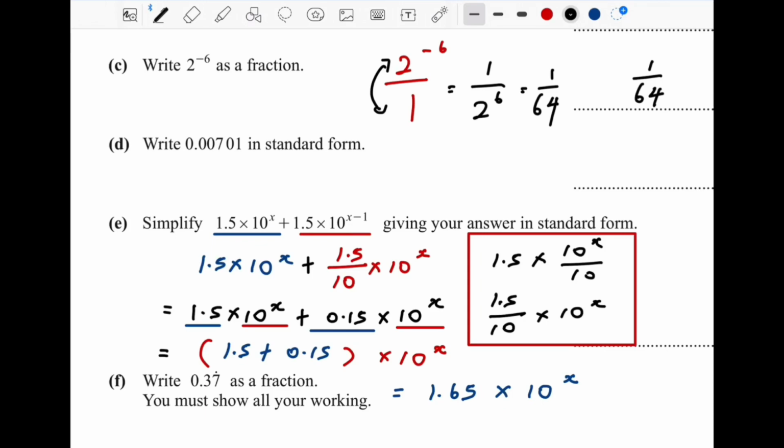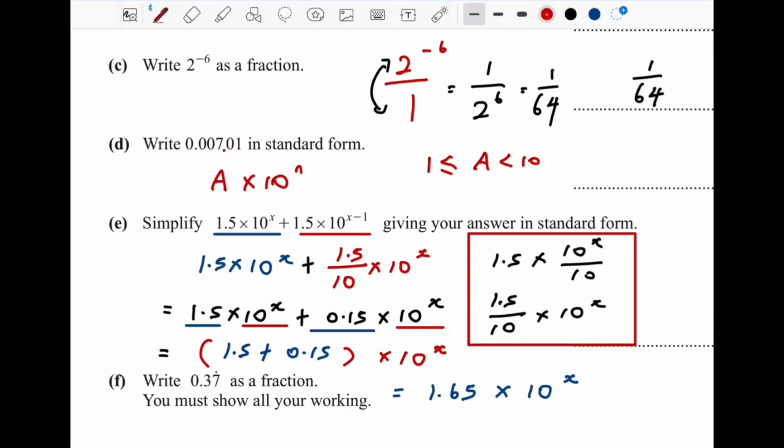Standard form. Important thing is the a, the number here must be between 1, or it could be 1, and less than 10, times 10 to the power of n. That's the format for standard form. So where do you locate the decimal point so that it could be between 1 to 10?